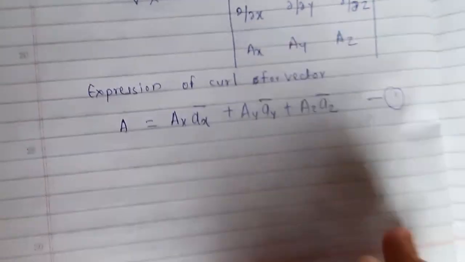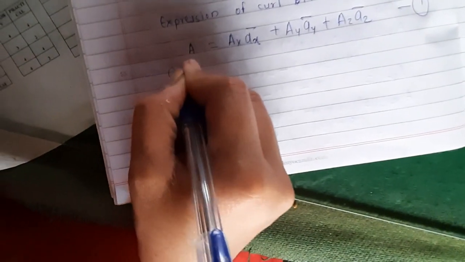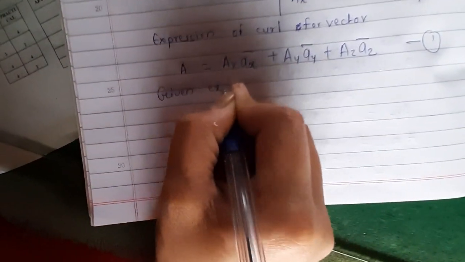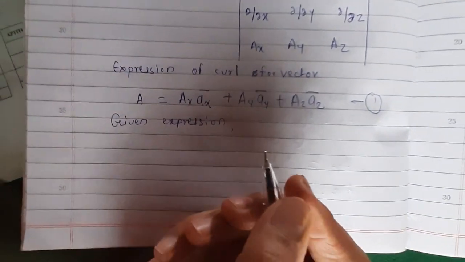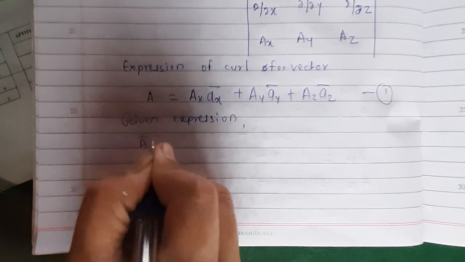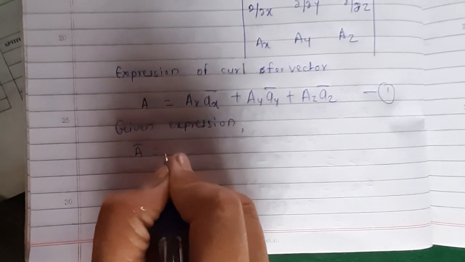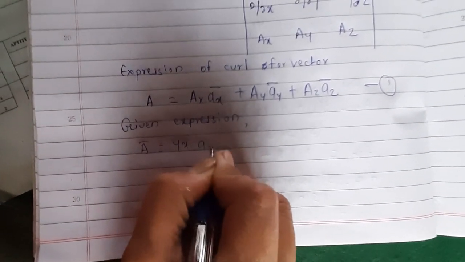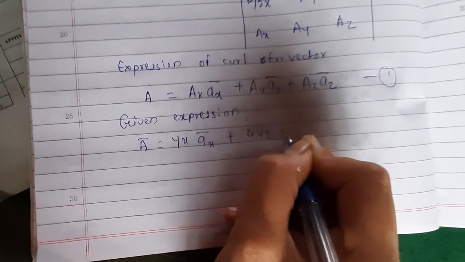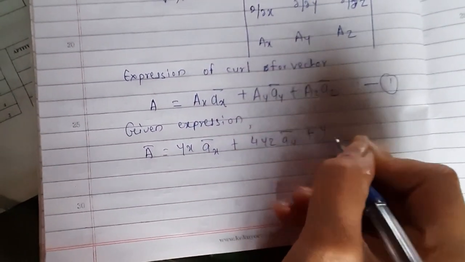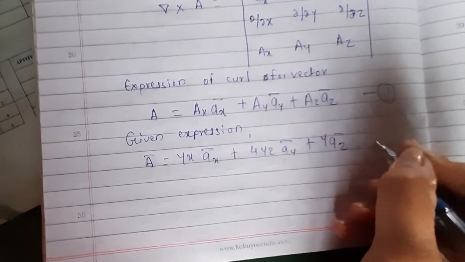This is our equation 2, and the given expression is A bar is equal to yx ax bar plus 4yz ay bar plus y az bar.